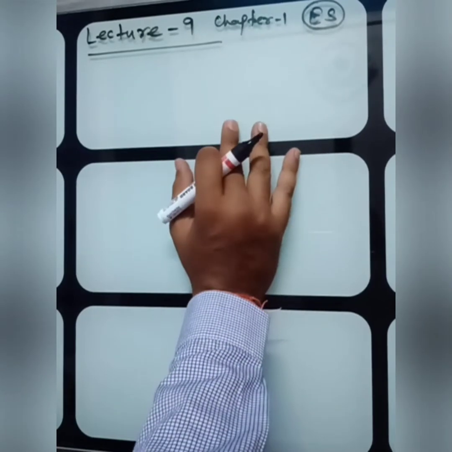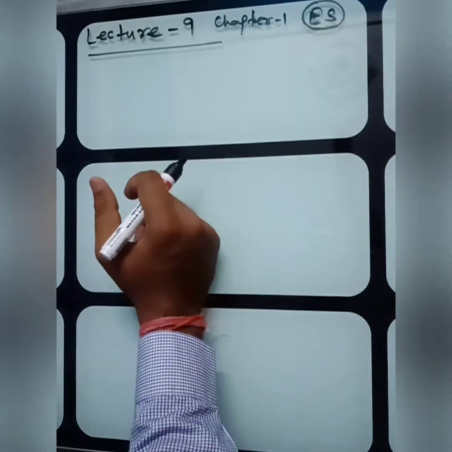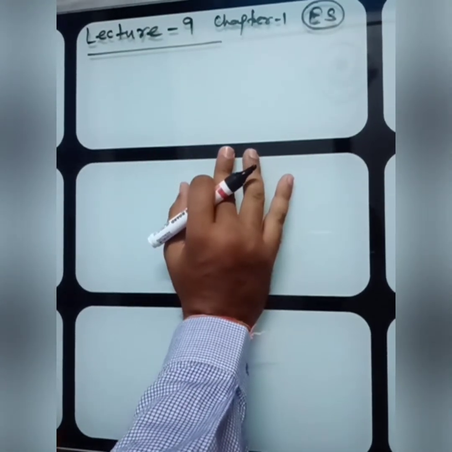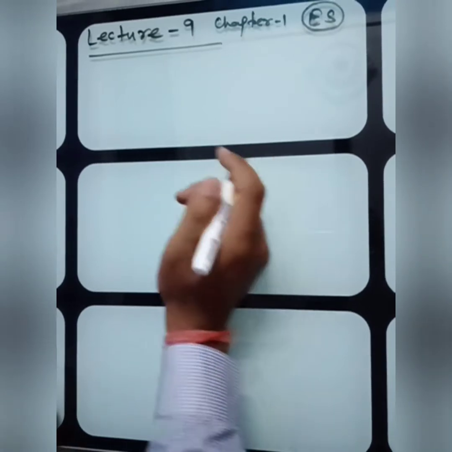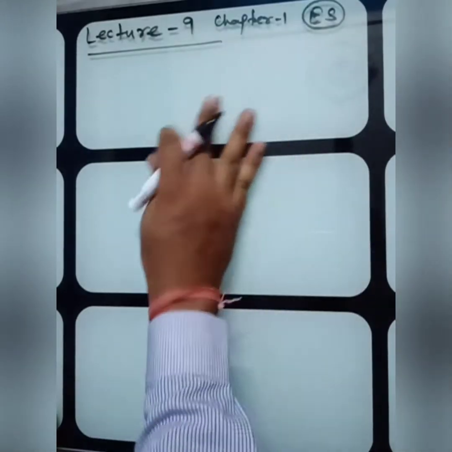Today another simple question we'll solve, and we'll start from this question and then move to the concept of some elementary ideas. Okay, the question on the basis of line integral of charge.